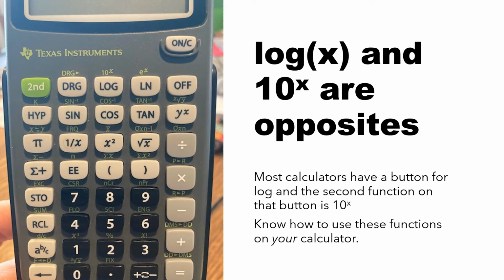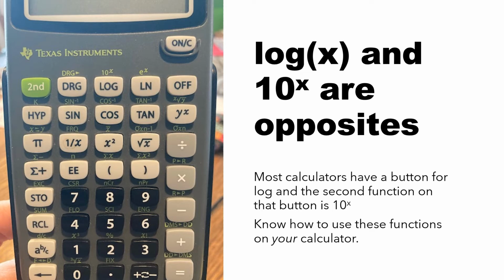So taking the log of something and 10 raised to that something are opposite math functions, just the same way that multiplication and division are opposites and addition and subtraction are opposites. Most calculators put the log and the 10 to the x functions on the same button.